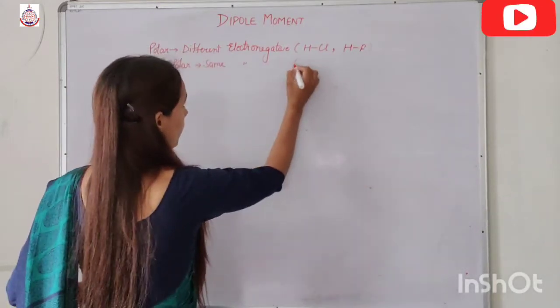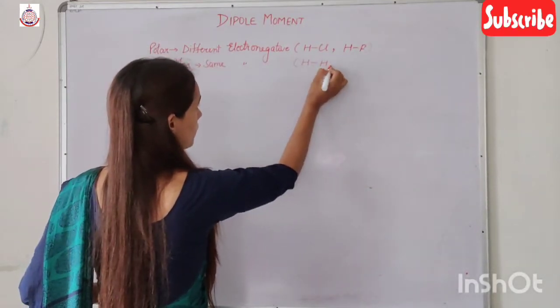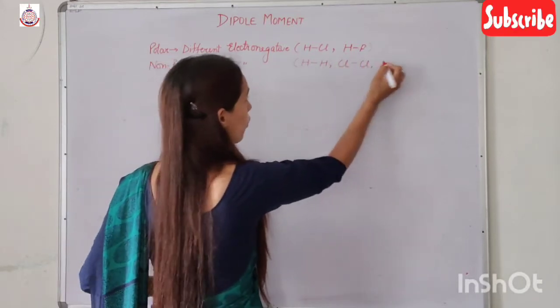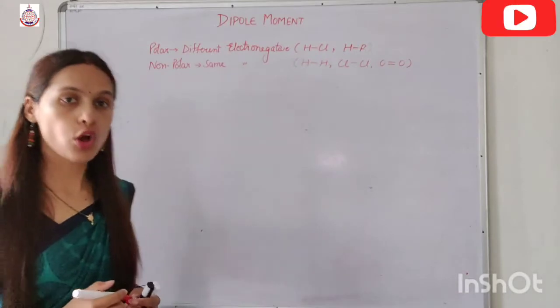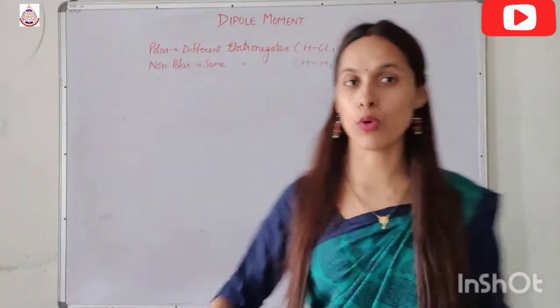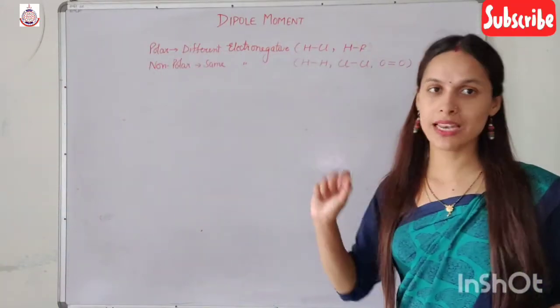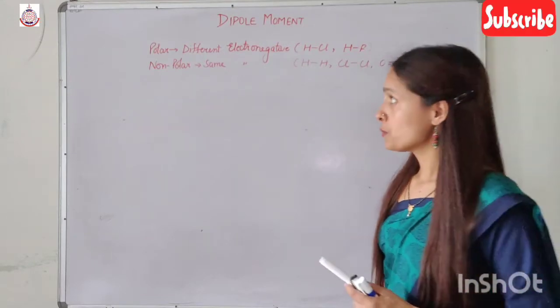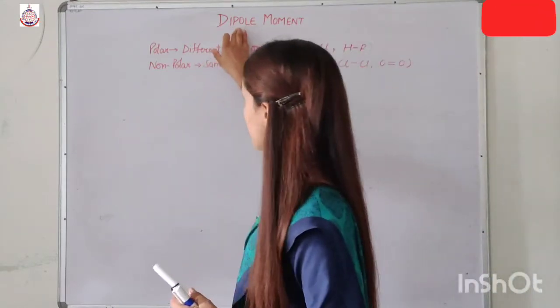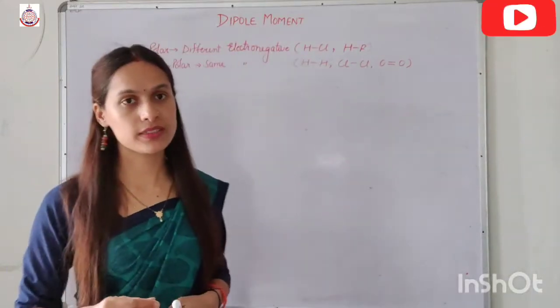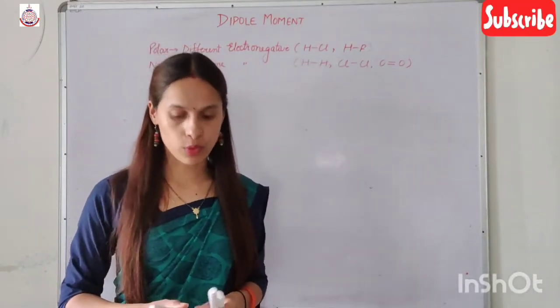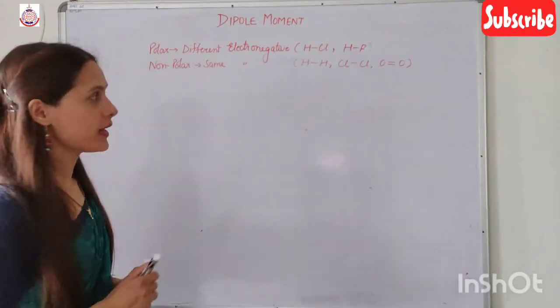But if I talk about H2, Cl2, O2, then here the bonds are non-polar covalent bonds because the bonded atoms have the same electronegativity. The dipole moment is related to the polar covalent bonds. Now, what is dipole moment?